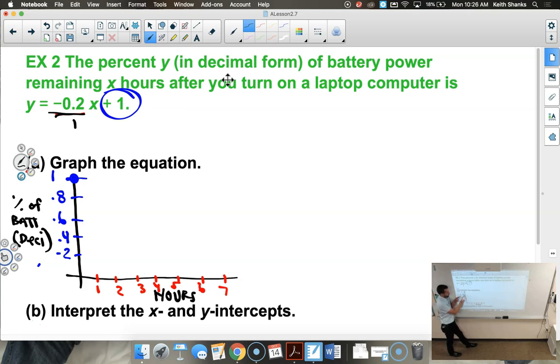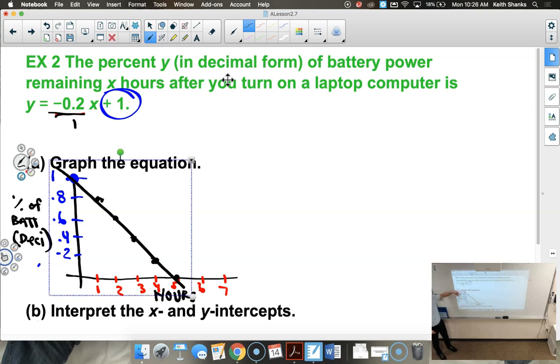So down 0.2 over 1, down 0.2 over 1, down 0.2 over 1. Okay, and there's the line. And again, I really would stop here. This is not going to go past that, and I'm not going to go below that. So it's kind of restricted. But this is our graph.